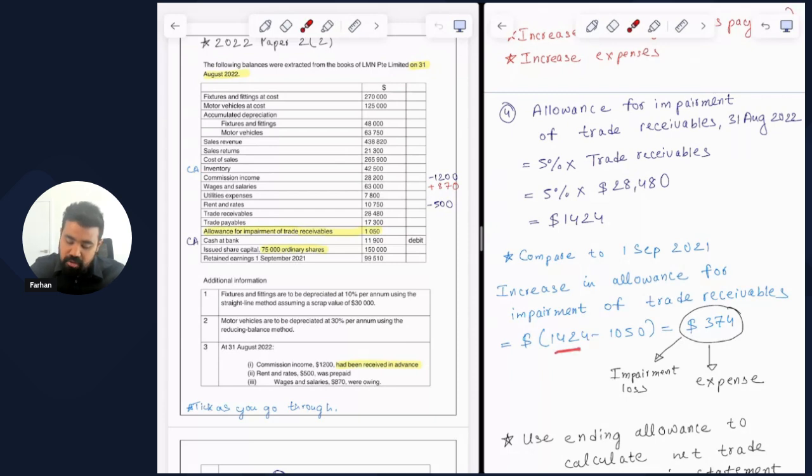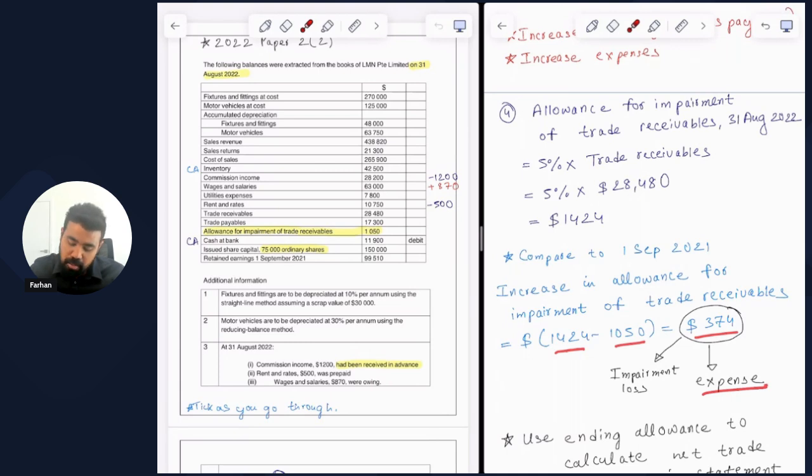So what is that amount? That amount is the difference between the new value and the old value. So 1424 minus 1050, which is $374. So this $374 is what we call the impairment loss, and this is to be shown as part of the other expense when you prepare the statement of financial performance.